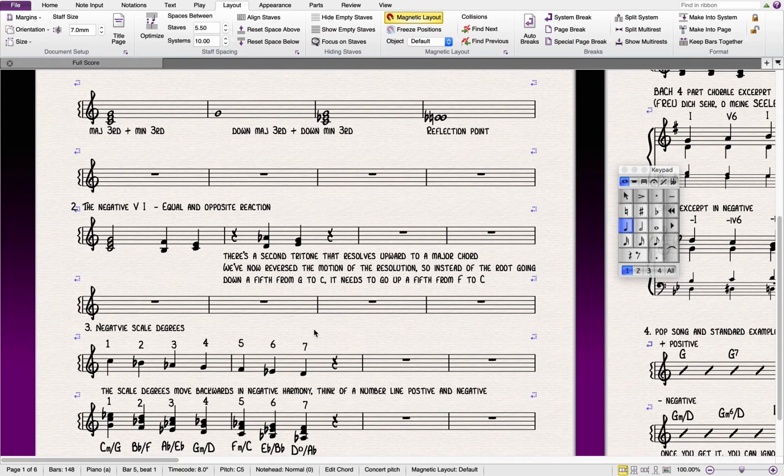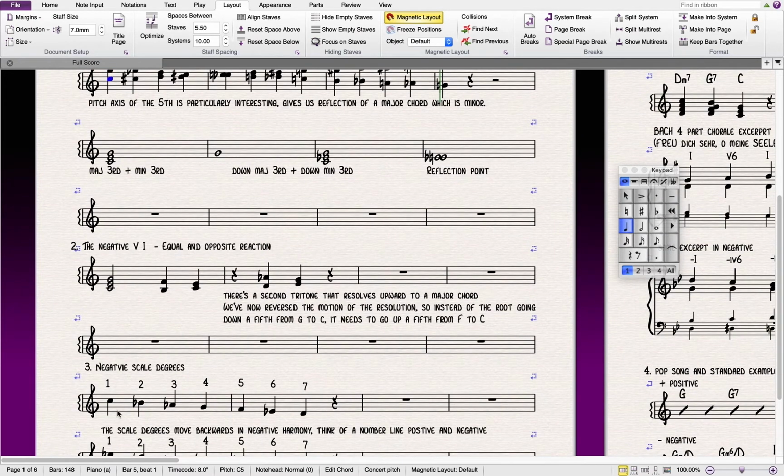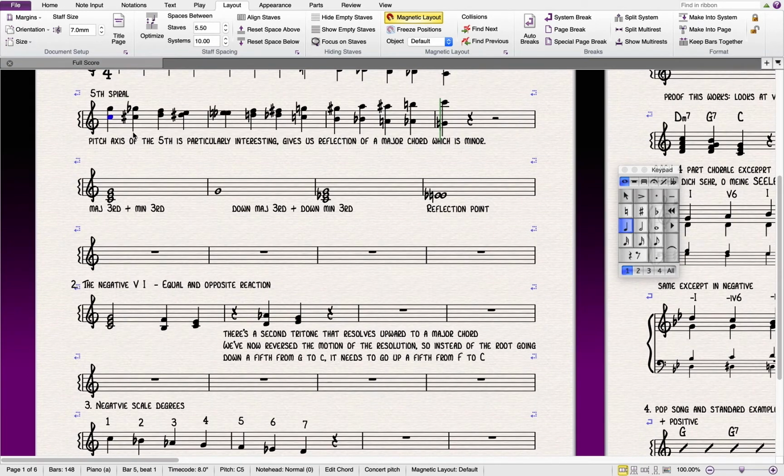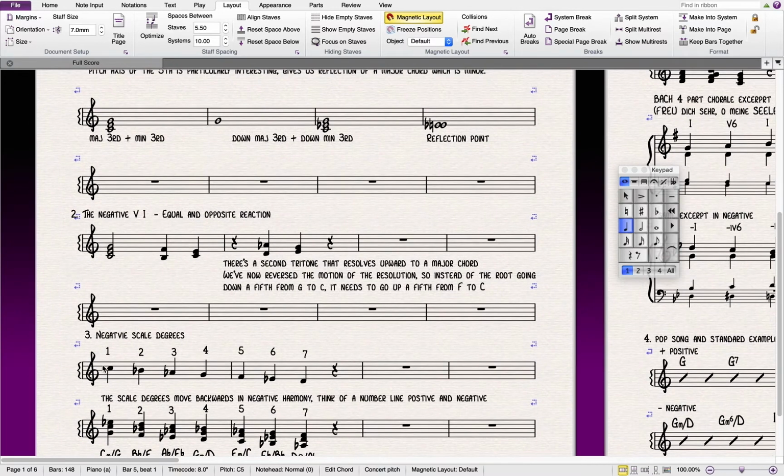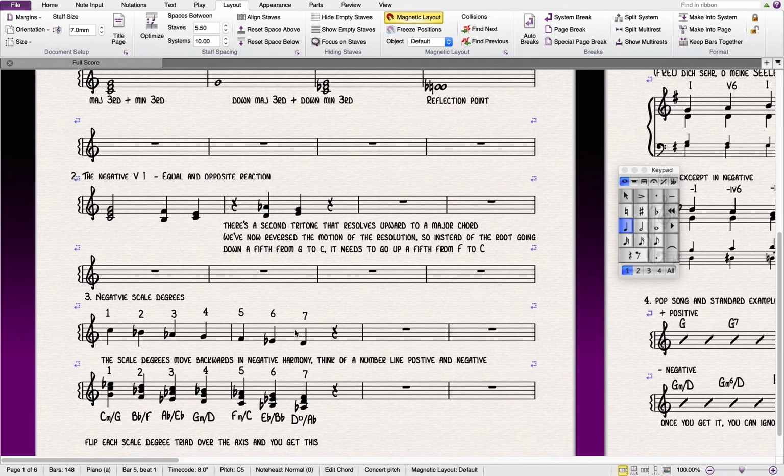We're just doing it in reverse, intervallically speaking. To get these, we're reflecting notes around what we call the pitch axis. And we get an E flat major scale or a C minor.